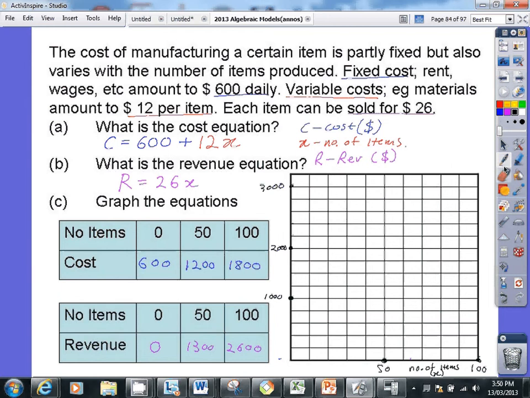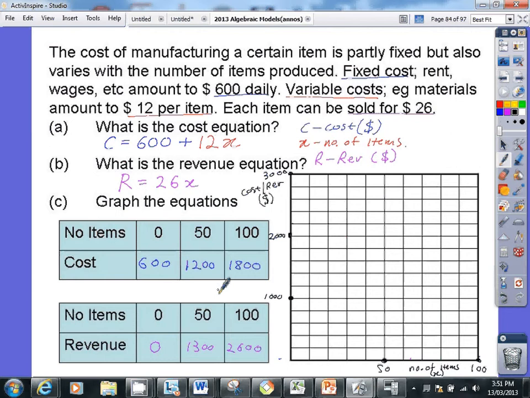Gotta fix that one up. This didn't seem right. 200, 400, 600, 800, that's better. 2,000 and 3,000. And this is cost and revenue measured in dollars. So hopefully you were watching when I deliberately made that mistake with the scale, just to test you out.